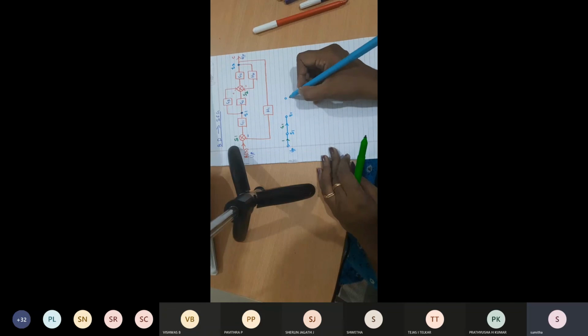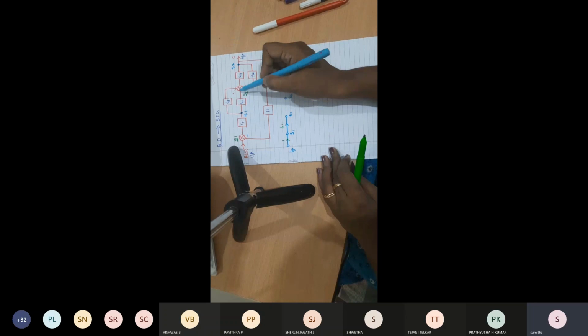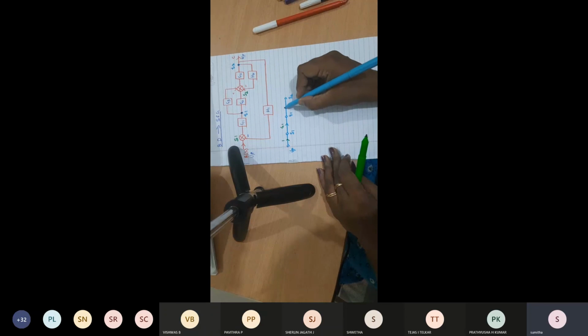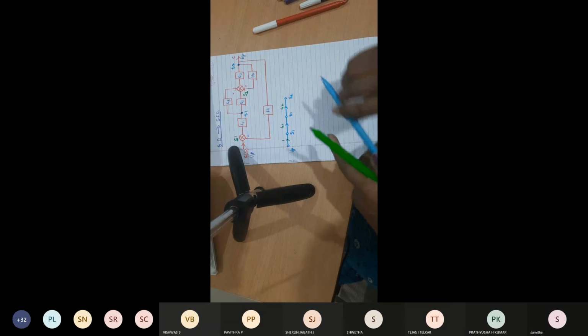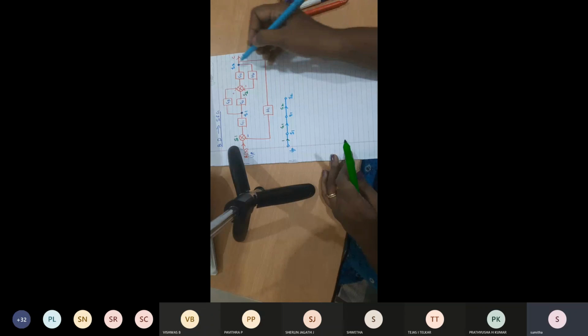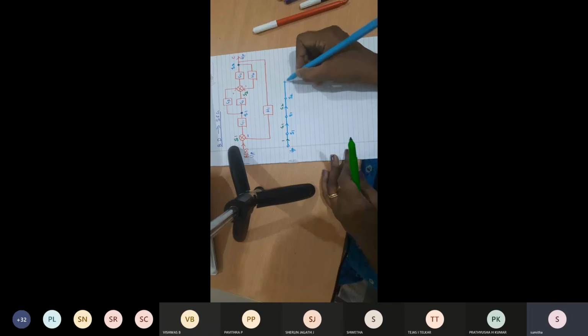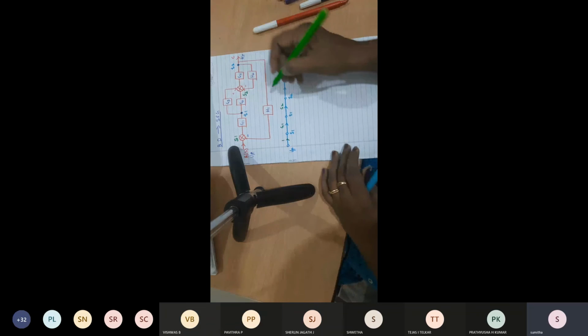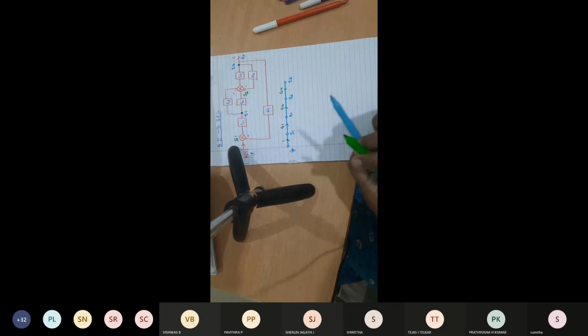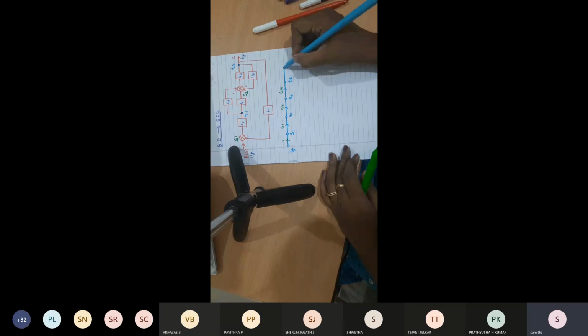Next node is S2. From T1 to S2, I have a gain of G2. Next, from S2 to T2, I have another node T2 here and have a gain of G4. Then I have output node.